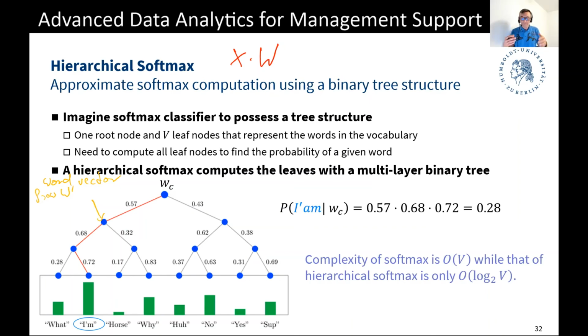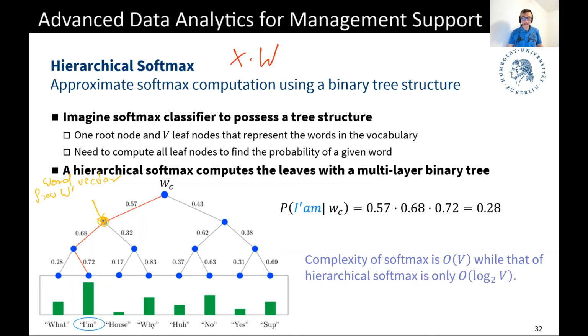From there on, we basically repeat this process, because now that we are at this point here, that's just another word, right? We are in the training stage, we have seen I am in the context of WC, so we know where we are heading. We know that from here we need to take one more step to the left.